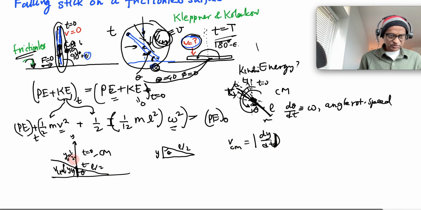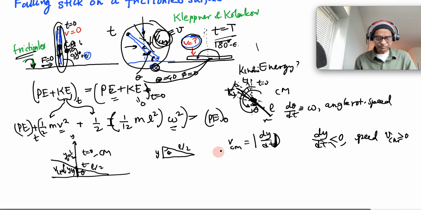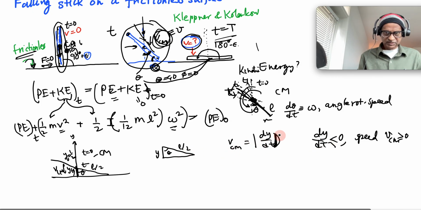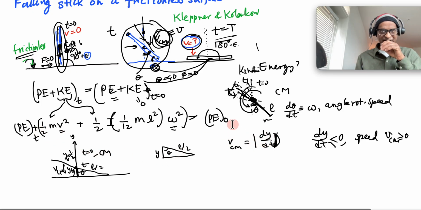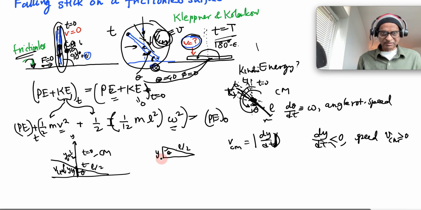Of course, y's value is going down, dy/dt is less than 0, but the speed VCM is positive. I've got to be careful with the sign, but because everything is squared, we can be careless and still be okay. This relates y and theta.